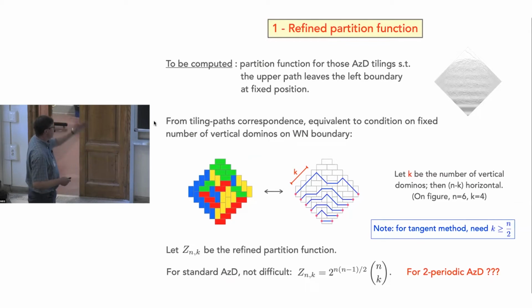So in the scaling limit, that amounts to nothing. It will still follow the left boundary. So this quantity Znk is the basic quantity we want to compute from the lattice. And for the standard Aztec diamond, it's not so difficult. You get exactly this expression. And the problem is, what about the two periodic Aztec diamond?